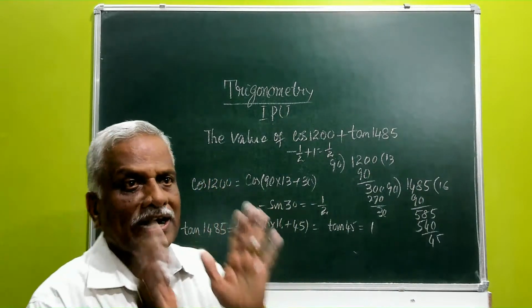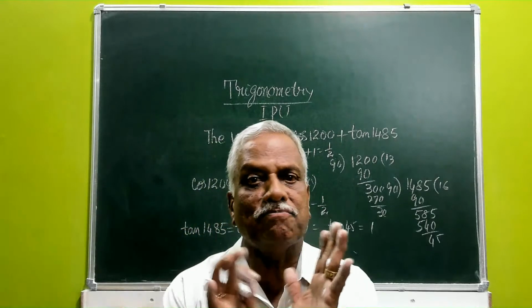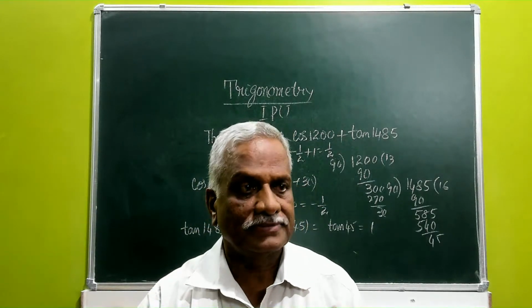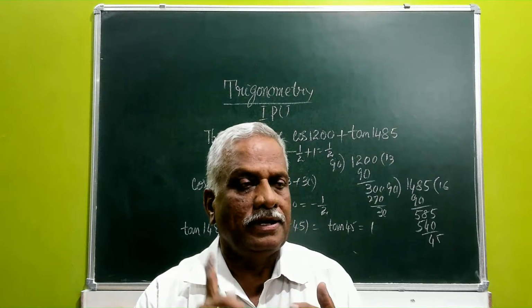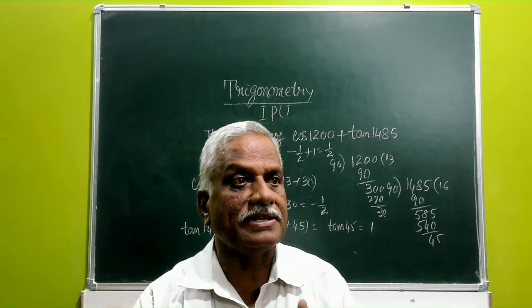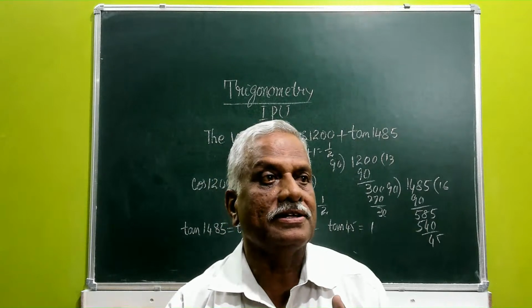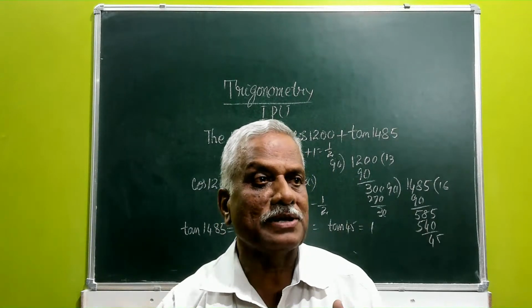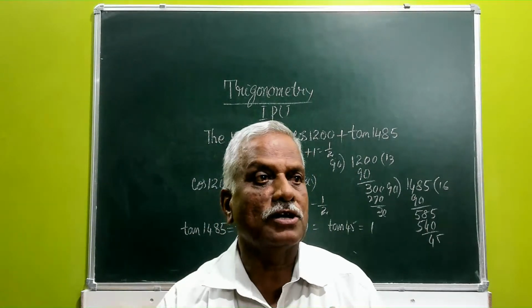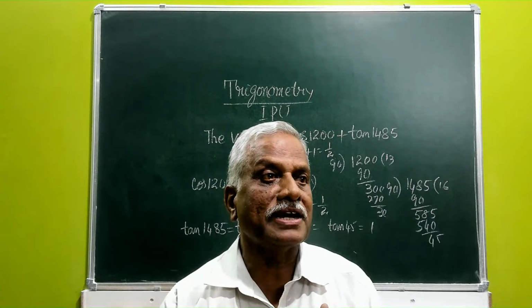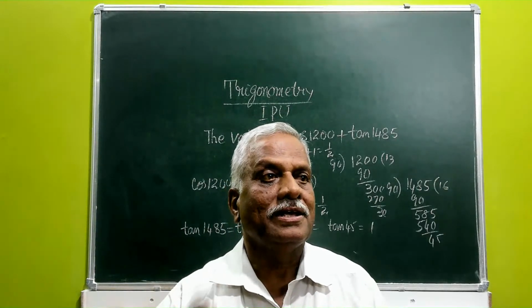So for allied angles, there are 3 simple techniques you need to remember. The first one is odd multiple of 90 plus or minus theta: the trigonometric function will change to the corresponding co-function. Sin becomes cos, cos becomes sin. Tan becomes cot, cot becomes tan. Cosecant becomes secant, secant becomes cosecant.